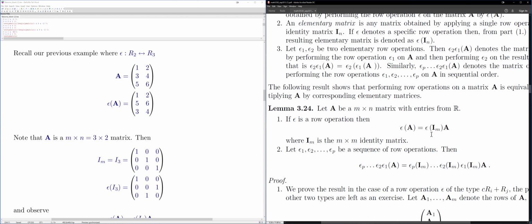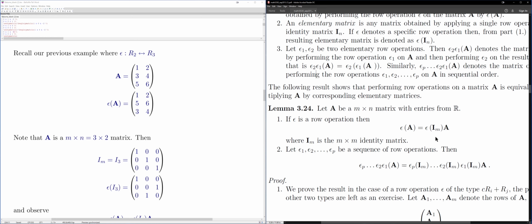On the right hand side, if we forget about the A for the time being and just focus on the elementary matrix epsilon of I_m, what this part means is I start off with the identity matrix. Notice the identity matrix is of size m, where m is the number of rows of A. I apply the same epsilon to this identity matrix to get an elementary matrix.